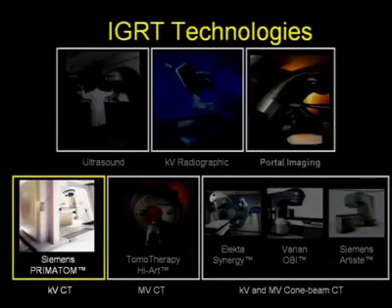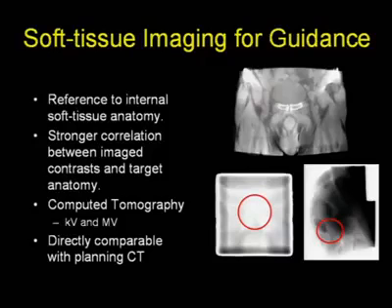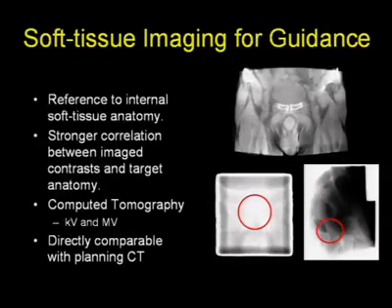The other kilovoltage CT technology I wish to overview in this talk is the Siemens Primatom system, or the CT on rails. So for those people who have large rooms, you can probably put in a CT scanner that can be coupled to your accelerator and provide high quality CT images directly into the treatment room, and provide direct comparison with your planning CT and use regular image registration tools.